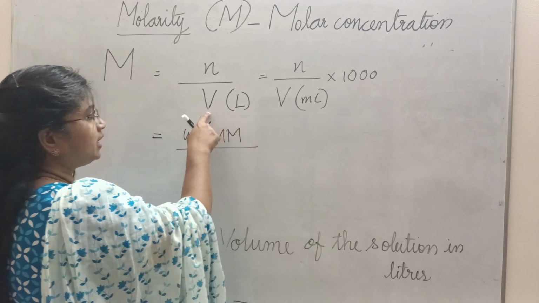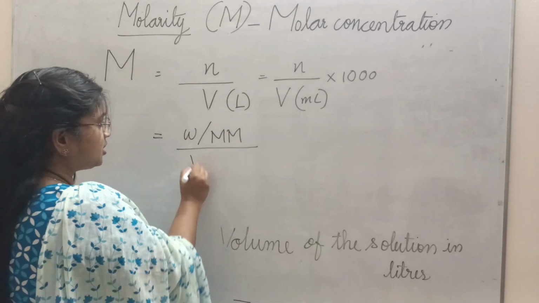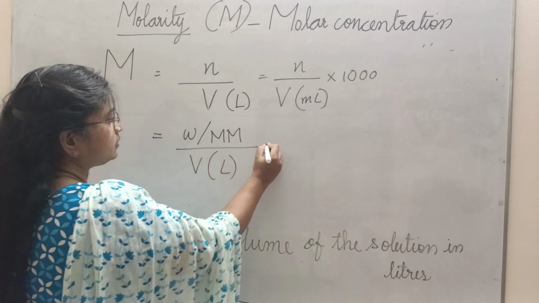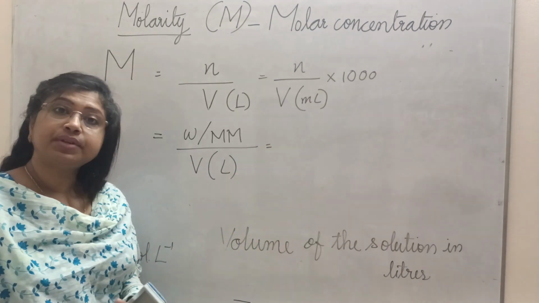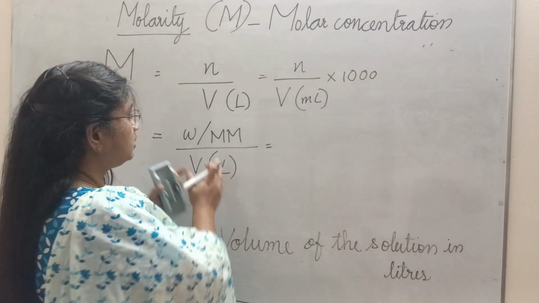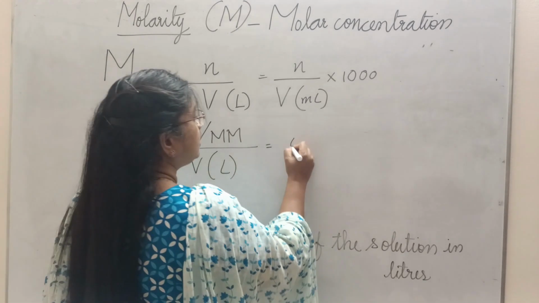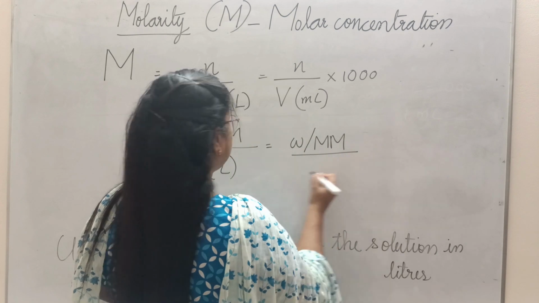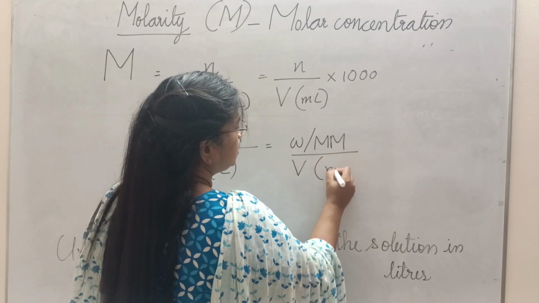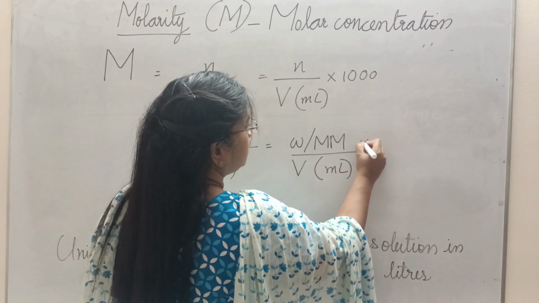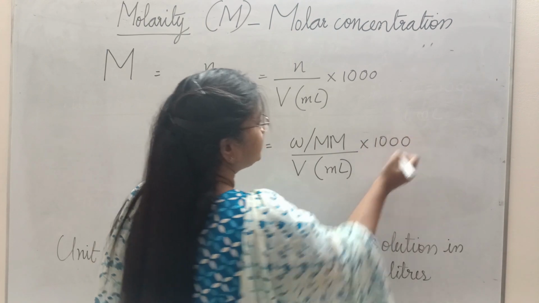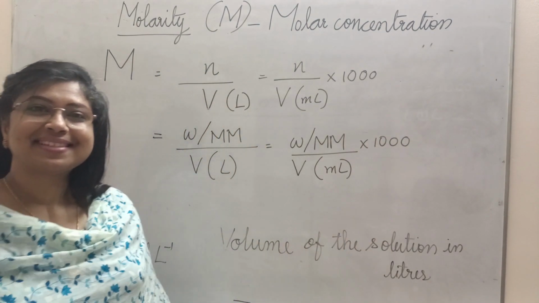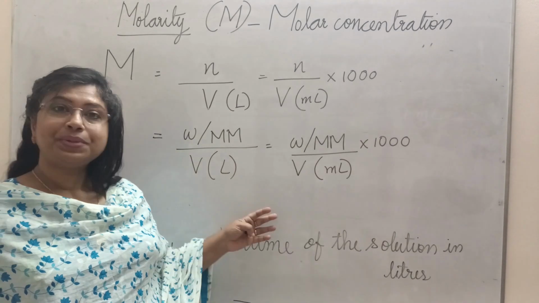Divided by volume of the solution in liters. Now, if the volume given is in milliliter, you can change the equation that way, like W by mm divided by volume of the solution in ml into 1000. Hope the confusion is not there. Hope it is clear for you.